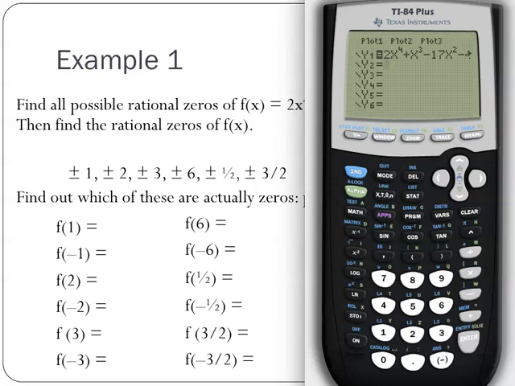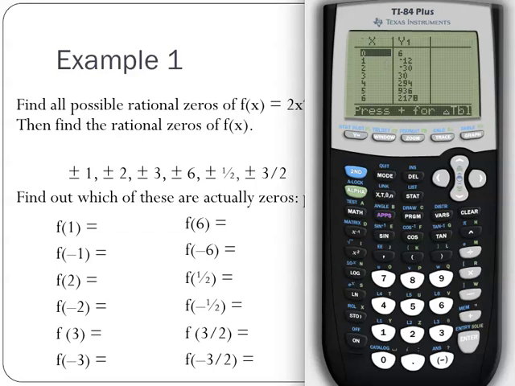Now, on this calculator, you have what's called a table. And so you can go to the table and take a look and see what you have there. So what I have here is I have the table actually already auto fill in all these values, starting with 0 and going up. But these are not necessarily the values that I want. Some of them might be, but I want to be able to input my own value of x.